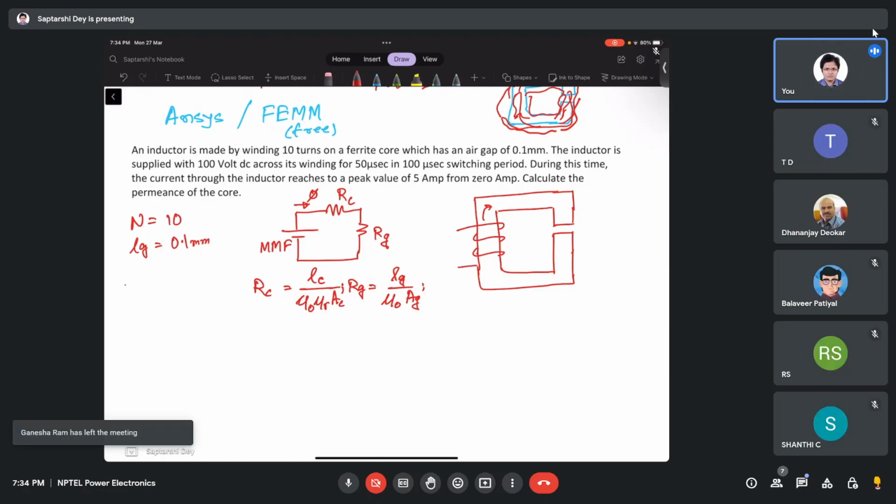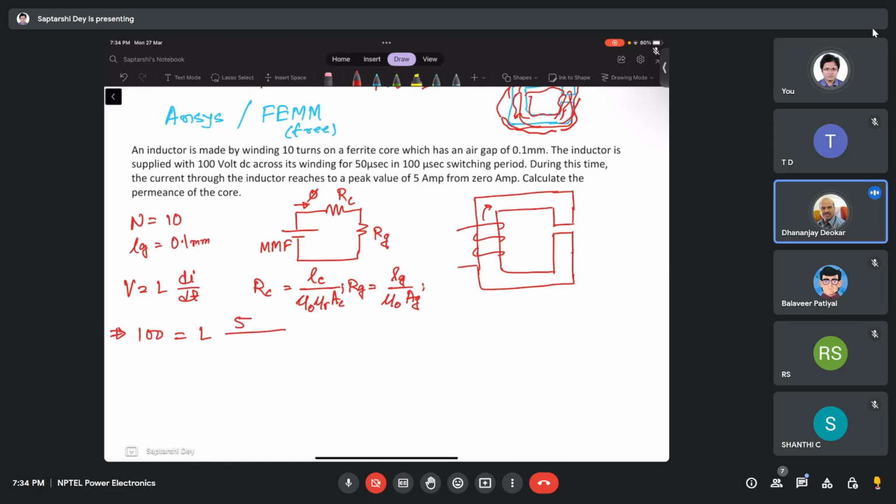We have V equals L di by dt. The data we have is 100 volt equals L times 5 ampere from 0 ampere, so 5 by dt. Dt is 50 microseconds. Okay, so from here we have to find L.